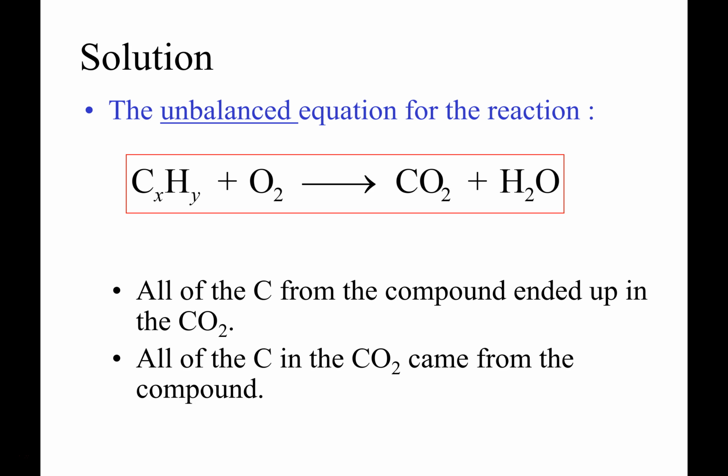But we're going to take advantage of what we've been taking advantage of before, that the carbon in your sample that you're burning is going to end up as carbon in your carbon dioxide. And then I have this diagram to kind of talk us through it. We can go from grams of compound to grams of carbon using the weight percent.